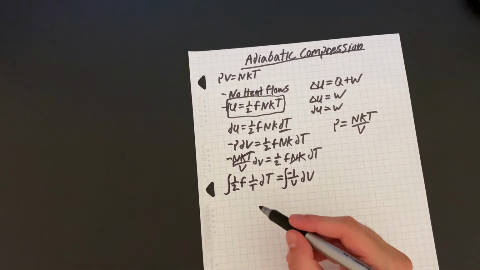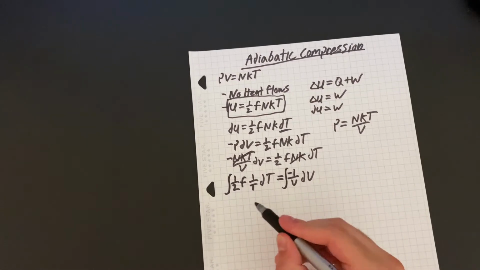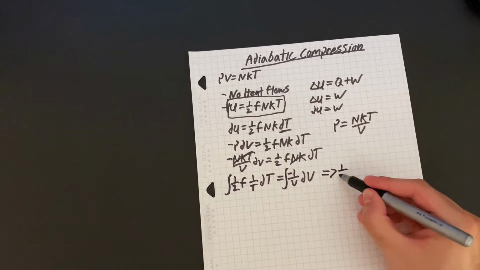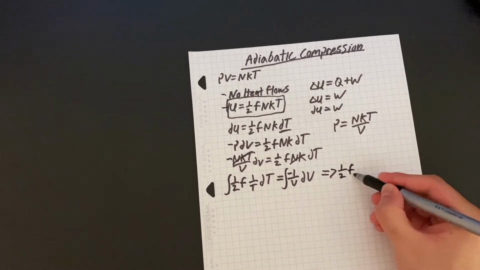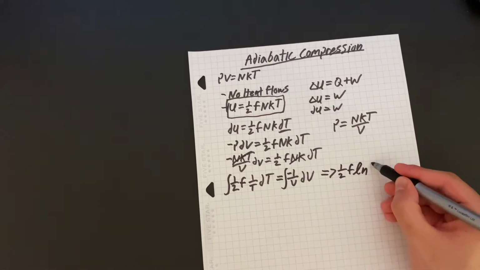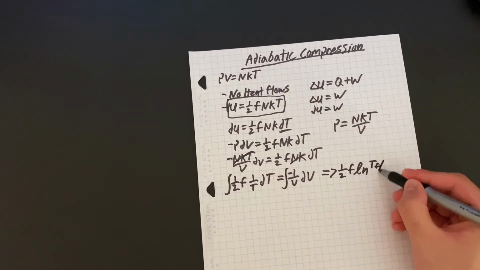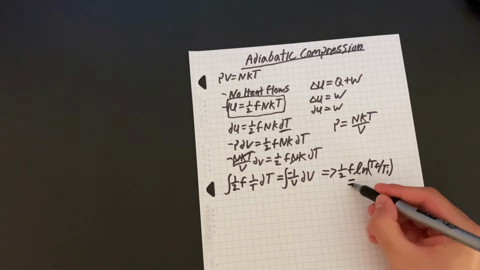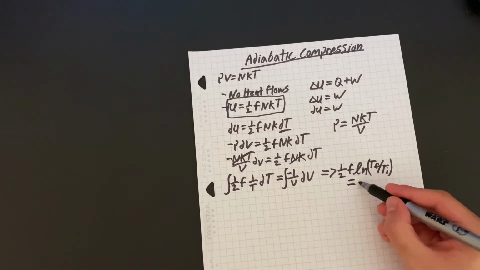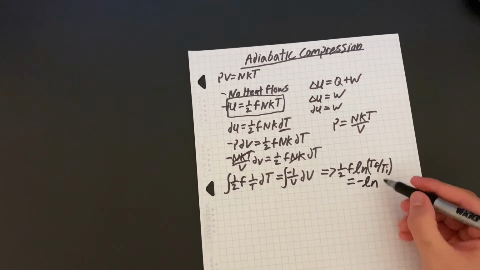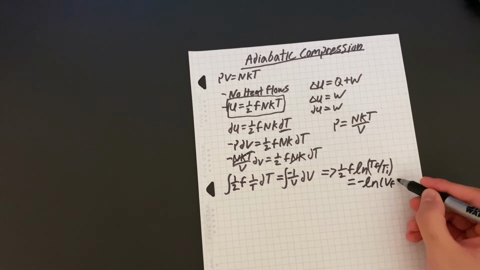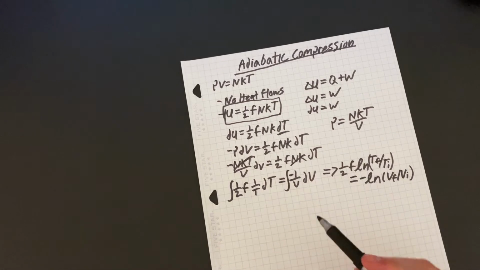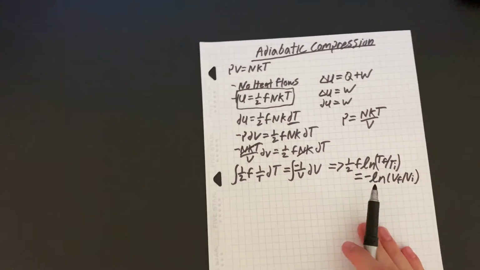We did this integral last time, so I'm just going to skip through it. We end up with 1/2 F natural log T final over T initial equals, I'm just writing it on the line below because I'm running out of room, natural log V final over V initial. And if you don't understand that integral, I did it in the last video, so check that out.